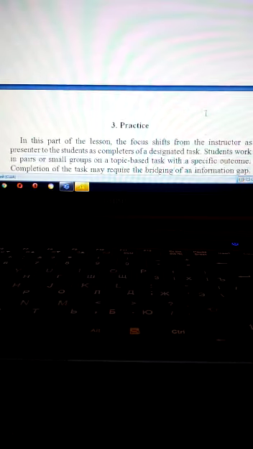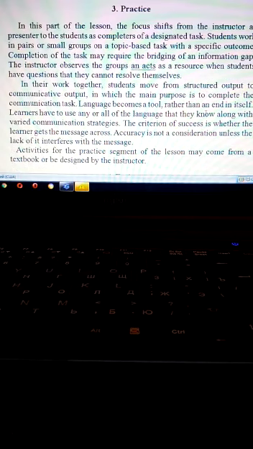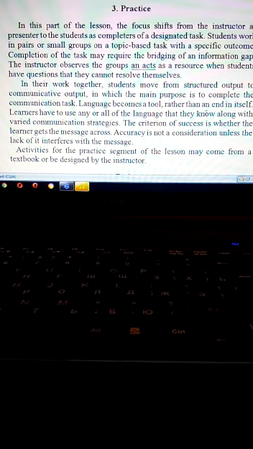And the next one is practice. In this part of the lesson, the focus shifts from the instructor as presenter to the students as completers of a designated task.